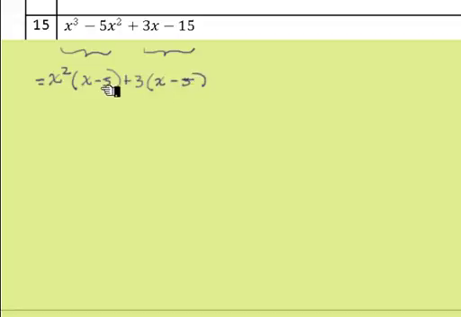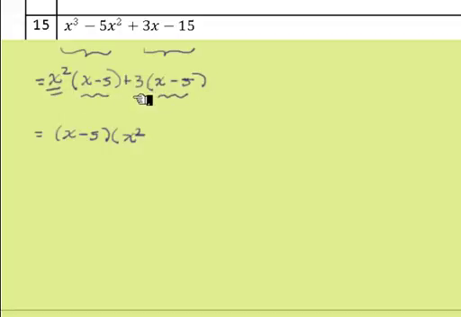So if that happens, if we're left with the same factor in parentheses, or the same little polynomial in parentheses, then we can actually factor out this entire polynomial. So let's put one copy of the x minus 5 on the side. And if we pull it out of this group, we're left with x squared.